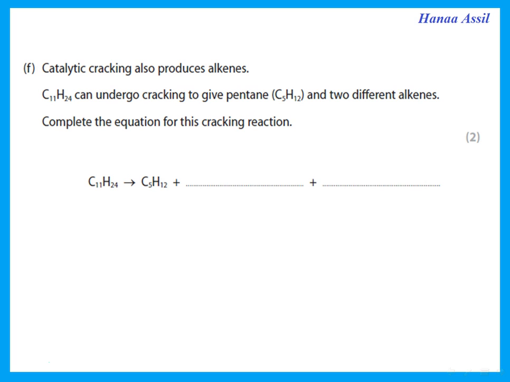So if I took from the C11, I took C5, I am left with 6 carbons. Now he wants two different alkenes, so I need to divide them so that they are not the same. So C2H4 plus C4H8, that will give the correct total number of carbons and total number of hydrogens.